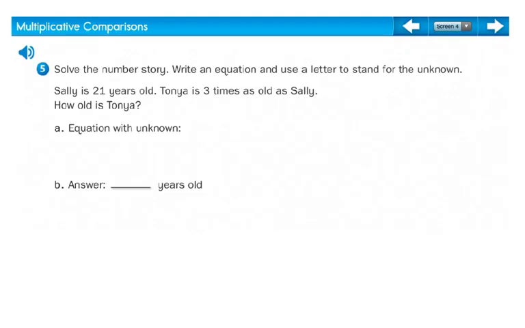Number 5. Sally is 21 years old. Tanya is 3 times as old as Sally. How old is Tanya? Again, a really great strategy is to circle the numbers that are going to be important. So I'm going to go ahead and say, if we know that Sally is 21 years old and Tanya is 3 times that, we would get how old Tanya is.